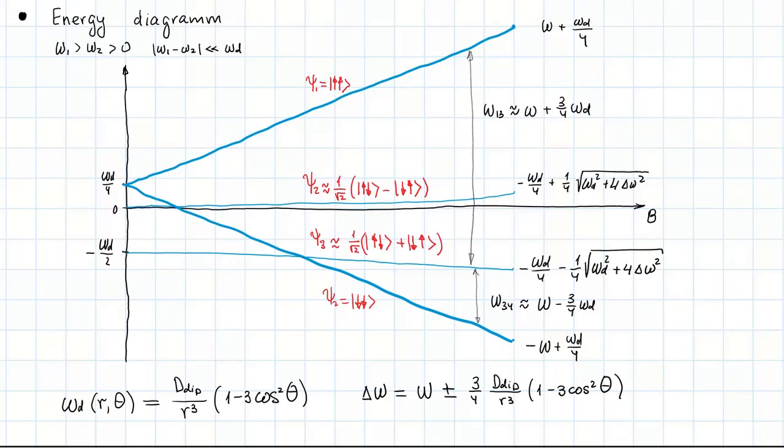Regarding this result, I would like to mention that there is another video of mine where I calculate the spectral shape for an ensemble of systems or molecules which can emit photons with such frequencies, as given by the formula for delta omega. The topic of that video is the Pake pattern or Pake doublet, and the link to it is given in the description of this video.